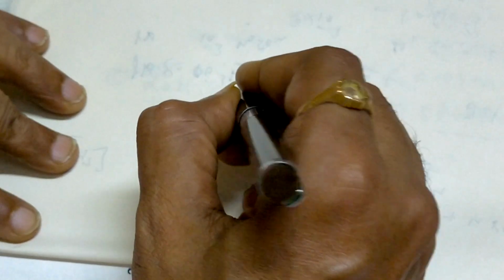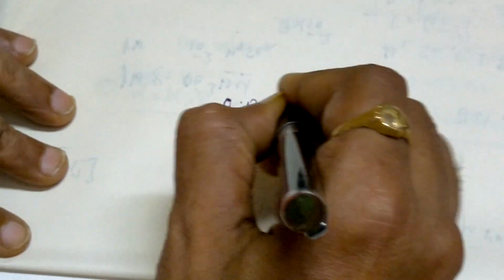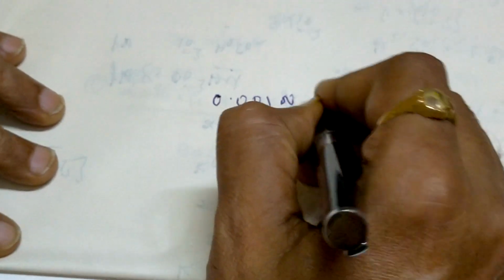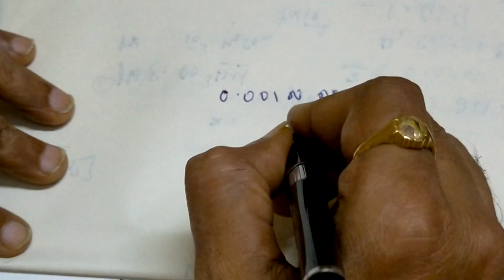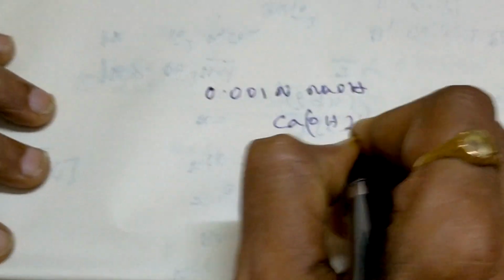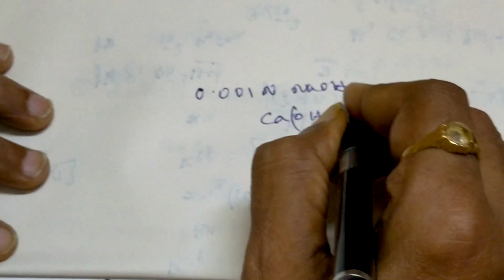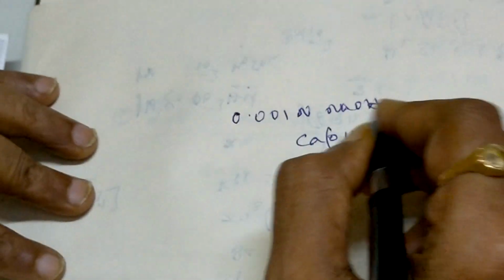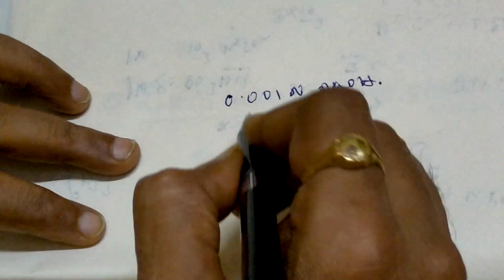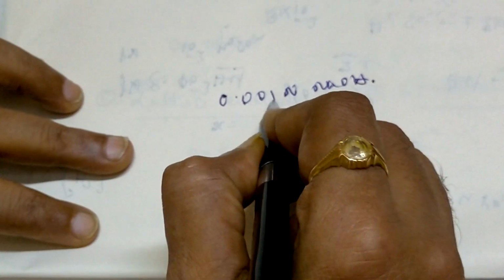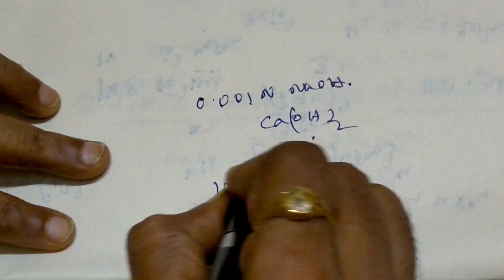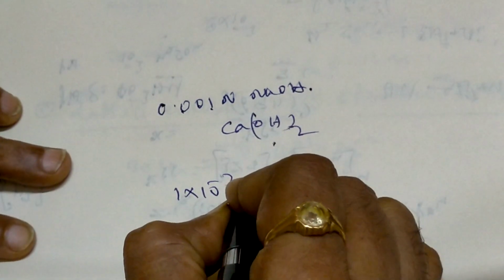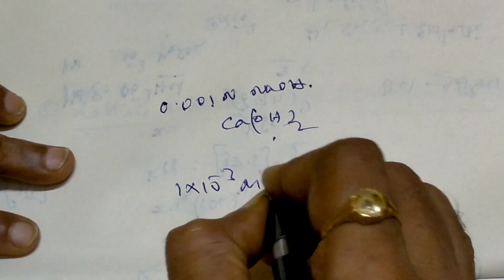Similar cases, if you see for NaOH, suppose it is 0.001 normal NaOH, pH, and the calcium hydroxide pH, both will not be the same. Here the OH will be double, here OH will be single, and here the pH calculation will be different. 0.001 here means the concentration of NaOH will be 1 into 10 power minus 3 molar.